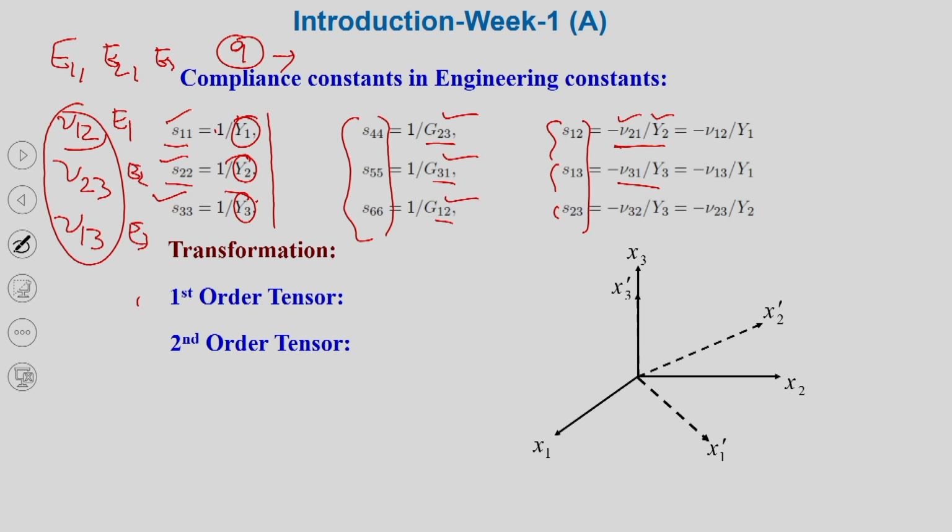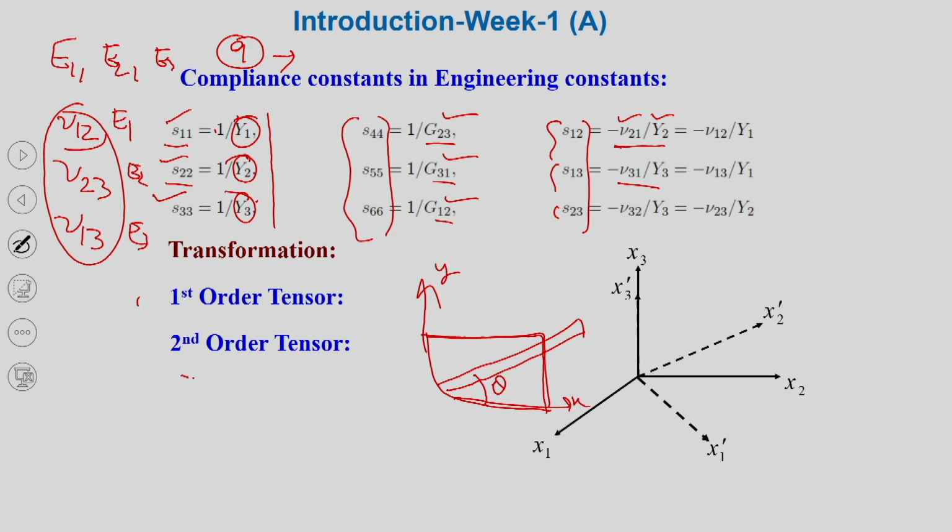Further, if you want to transform, suppose you know a material is made of composites or some fiber, and the geometry, let us say this is your x and y, aligned like this, but you have aligned the material axis at some angle with respect to this.